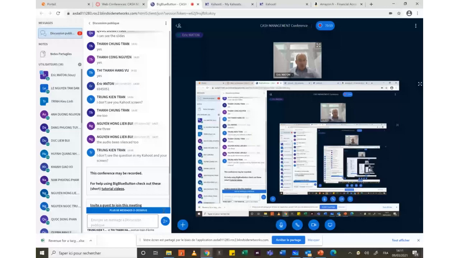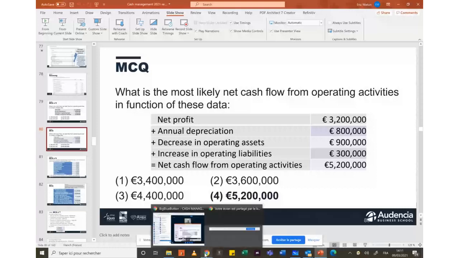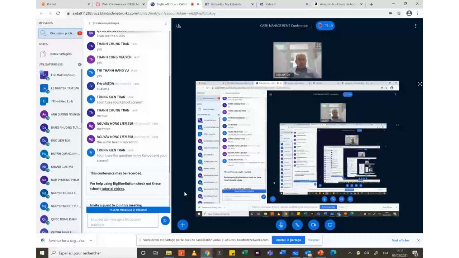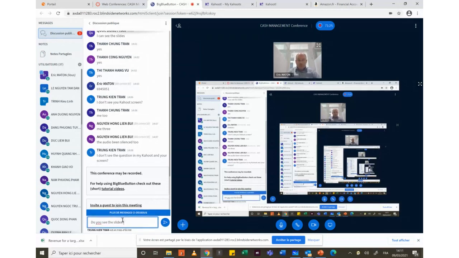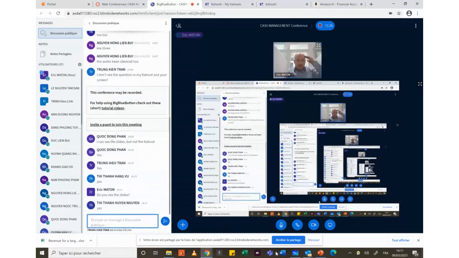Do you see it? Yes, no? Yes, okay. I see the slide.